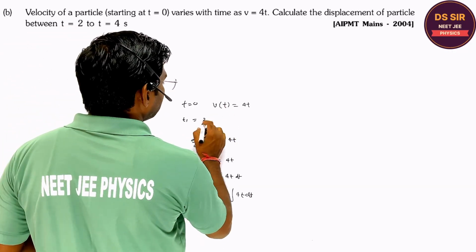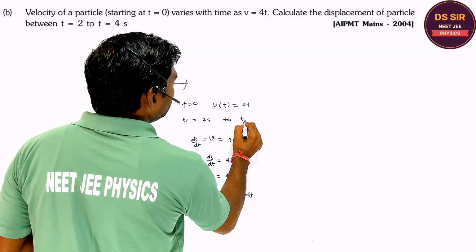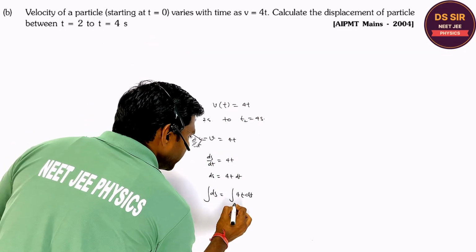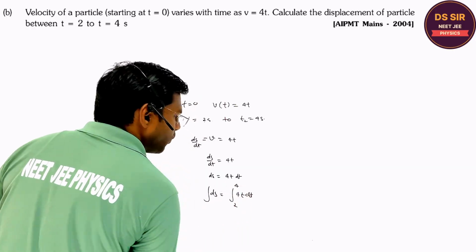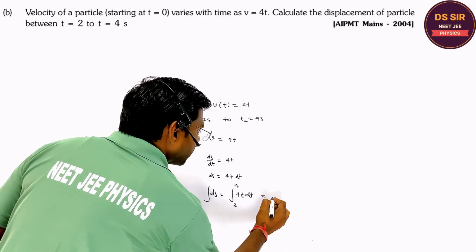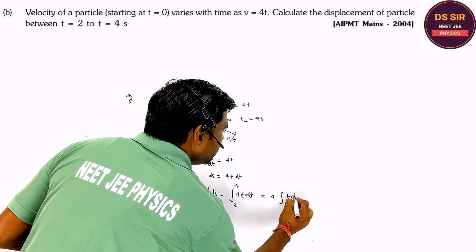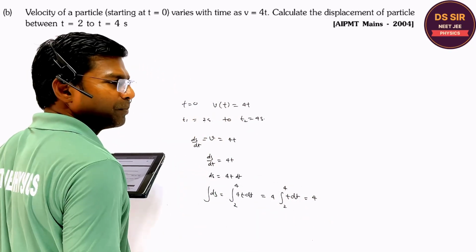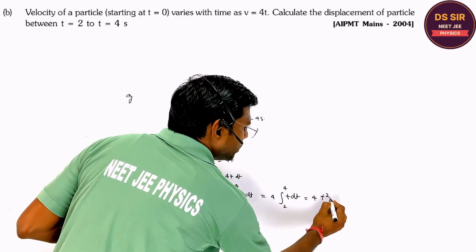So t1 is 2 seconds and t2 is 4 seconds. So you have to integrate from 2 seconds to 4 seconds. If 4 comes out of the integration, can you write the integration of t dt from 2 to 4? Yes, t square by 2.